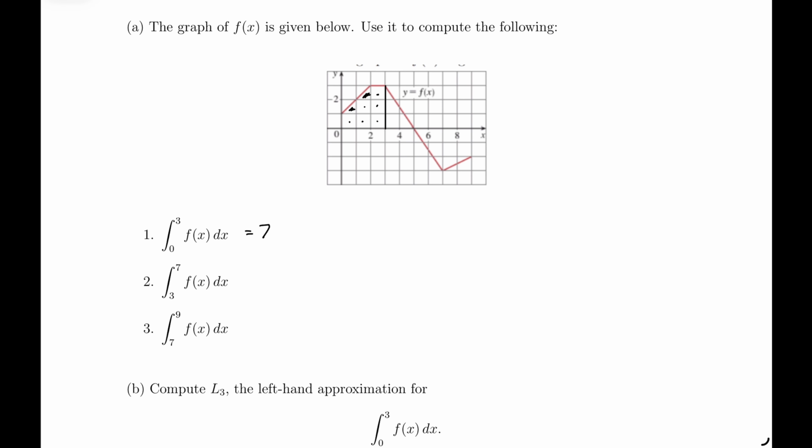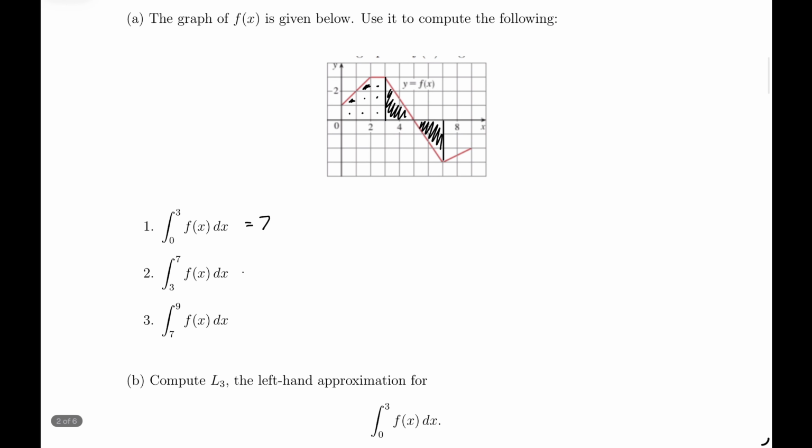Easy enough. Now we go from 3 to 7. And right away, I can see that this triangle is the same as this triangle. Since one of them is above the x-axis and one is below, the one below is negative and the one above is positive, they cancel out, and that's 0.